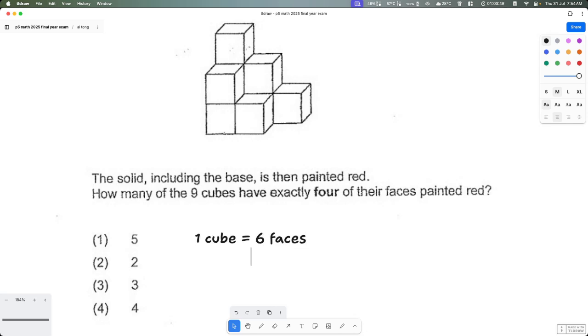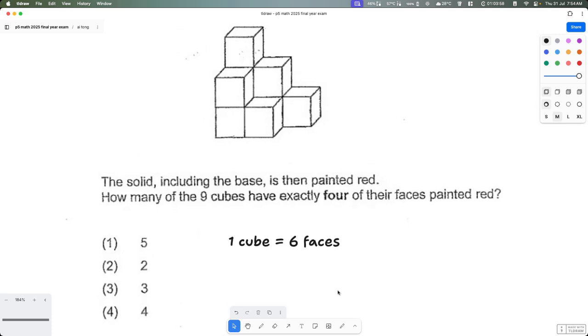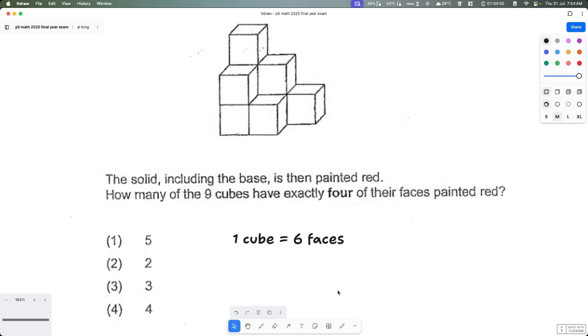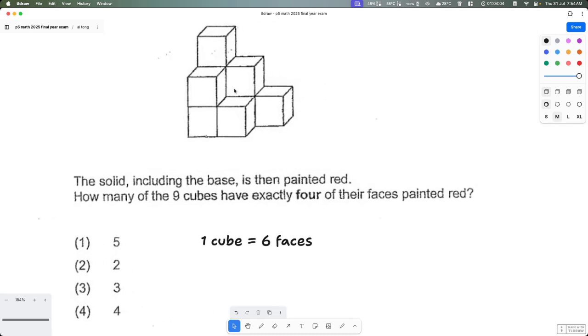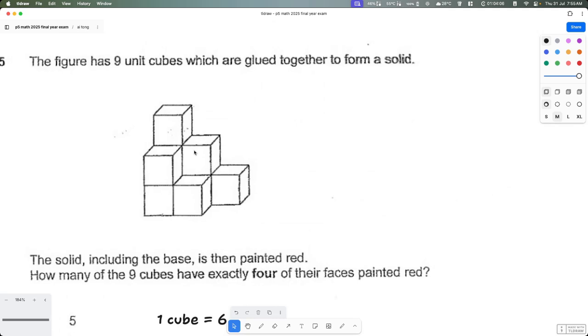So if you want 4 painted, then that means 2 of the faces are not shown. So in this case, let's find out how many cubes are not shown.